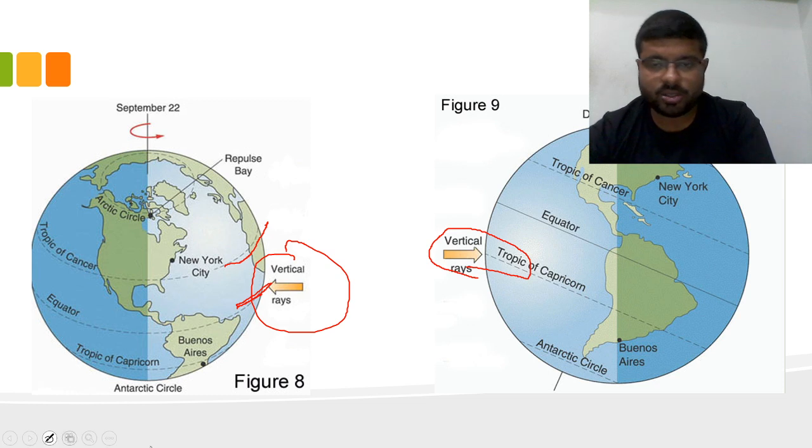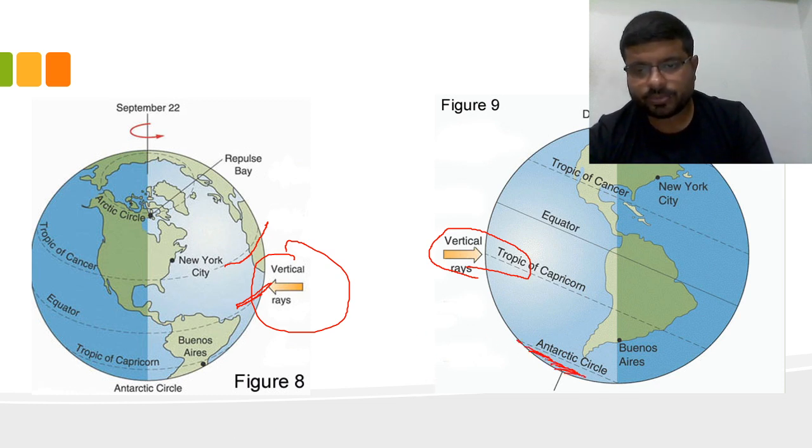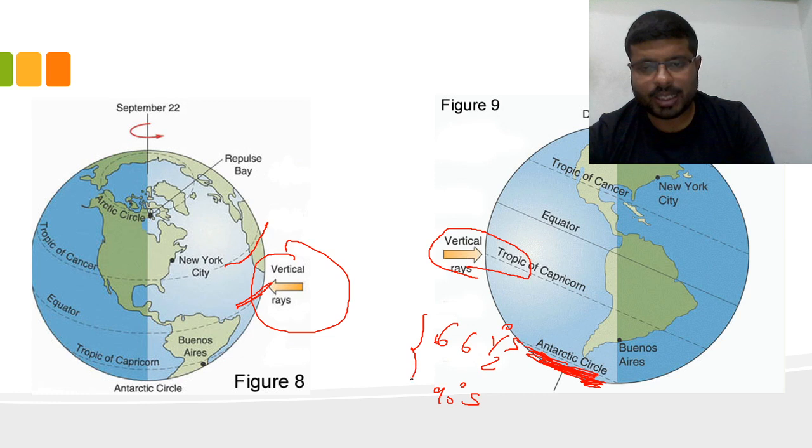You can see in this diagram this entire region, that is 66 and a half degrees south to 90 degrees south, is facing the sun continuously for 24 hours. As you can see, this is the line.